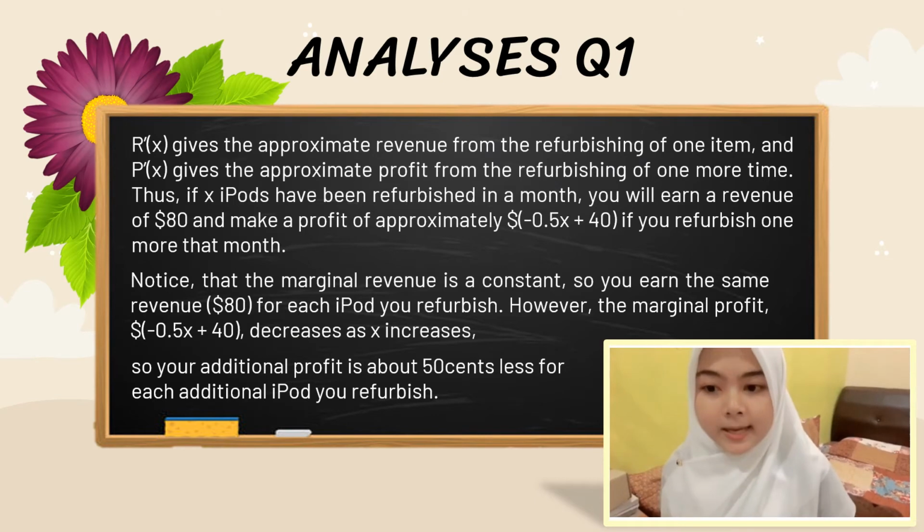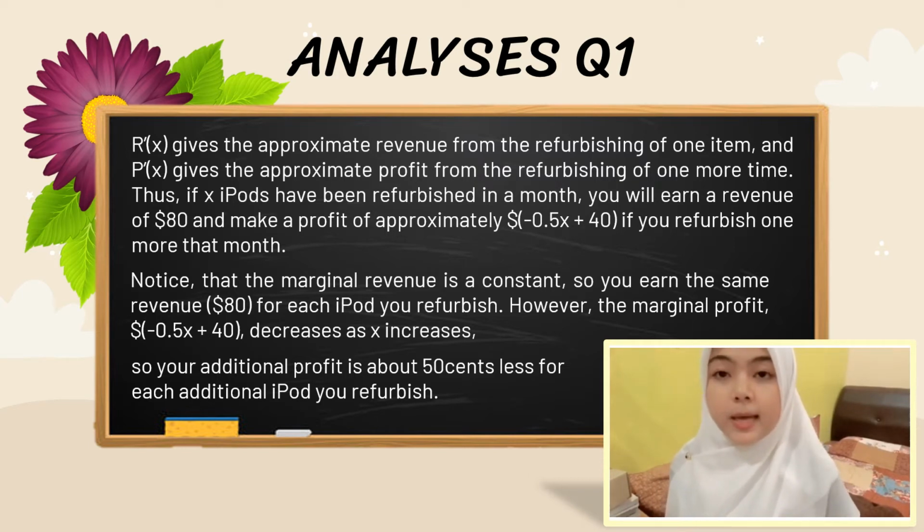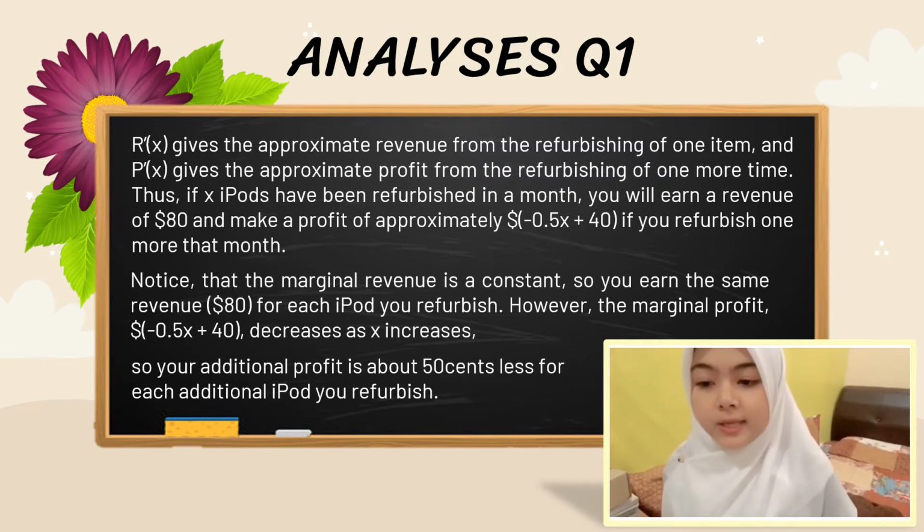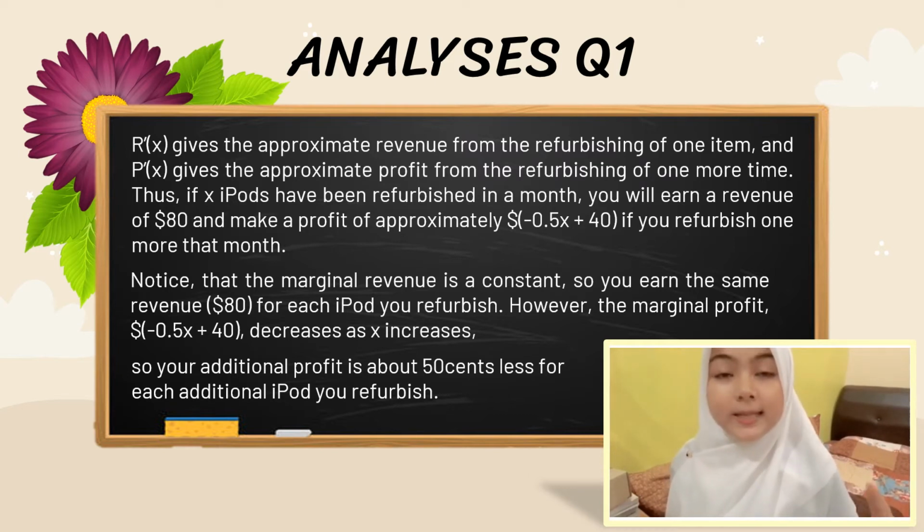So let's analyze question 1. Marginal revenue gives the approximate revenue from the refurbishing of one more item, and marginal profit gives the approximate profit from the refurbishing of one more item. Thus, if x iPods have been refurbished in a month, you will earn a revenue of $80 and make a profit of approximately negative 0.5x plus $40 if you refurbish one more that month.